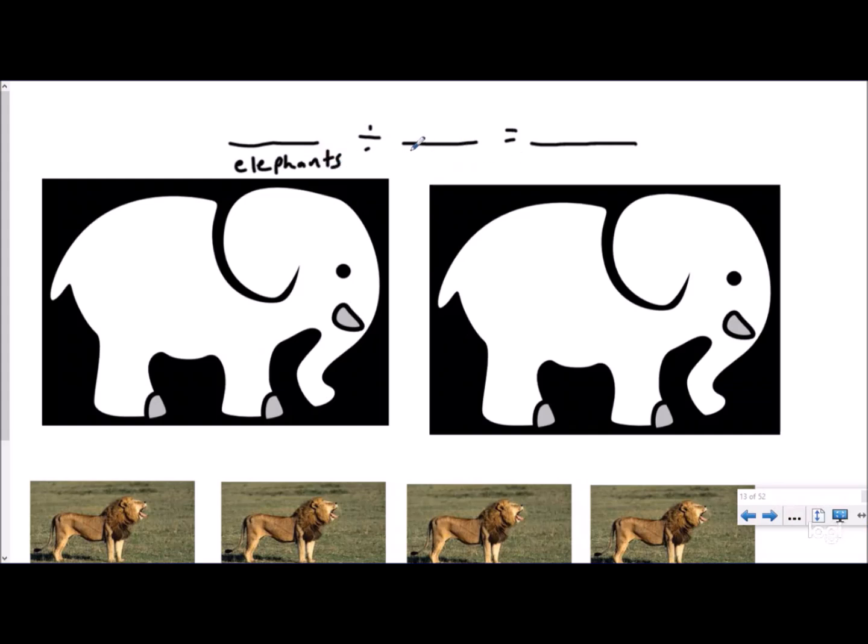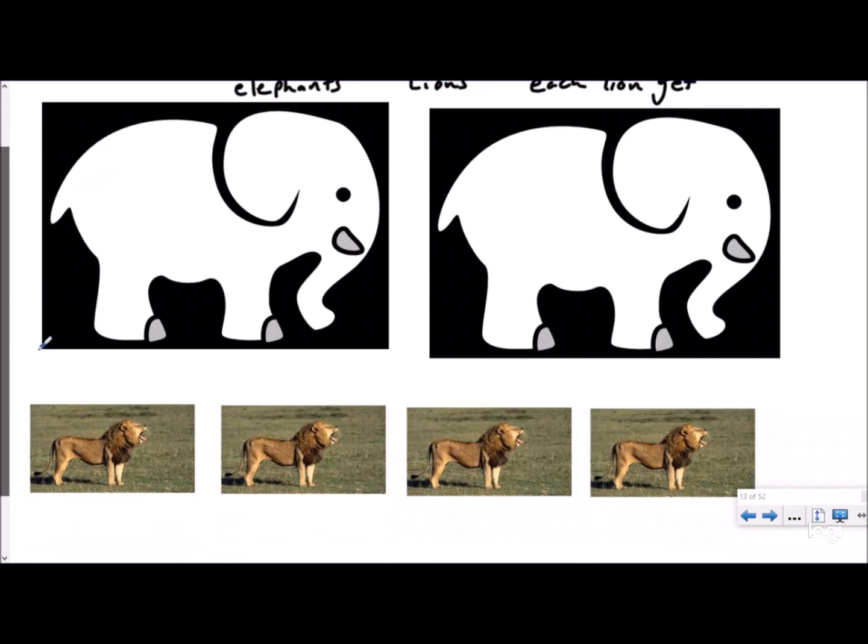And what are they being split up into? Well, they're being split up by lions. So my divisor is my groups, or my lions. And so my quotient is going to be how many did each lion get. And so I have my elephants right here. I want to split them between 4 lions, which means I need to split them into 4 groups.